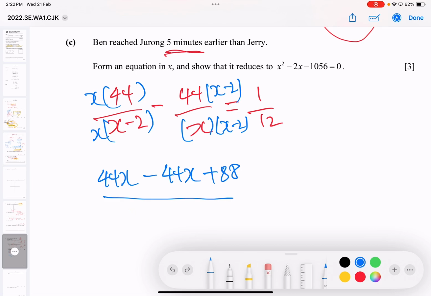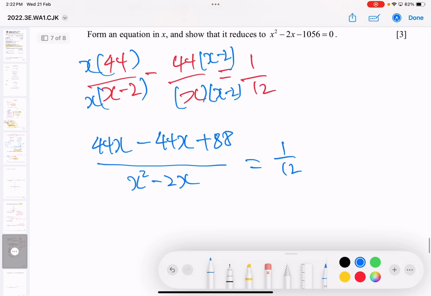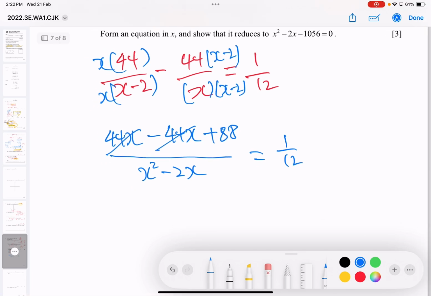Let me expand this out. The 44x and minus 44x basically cancel out, leaving 88. Cross multiply and you will get the answer x squared minus 2x minus 1056 equals 0.